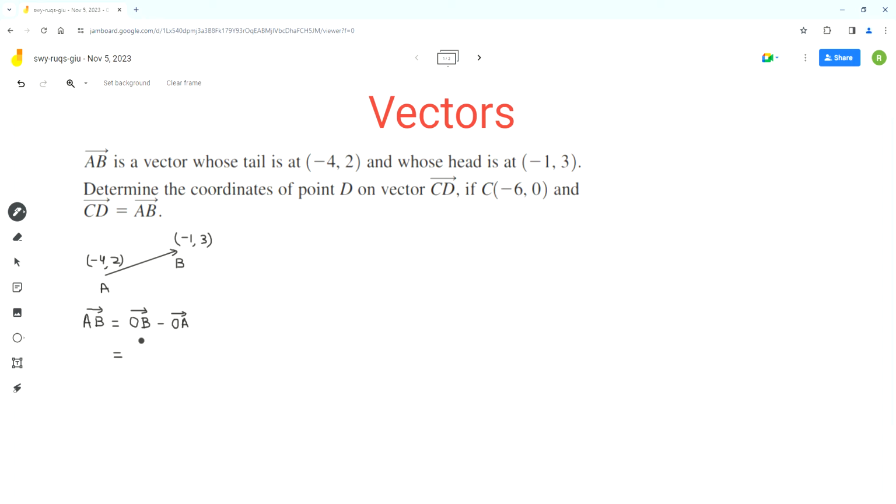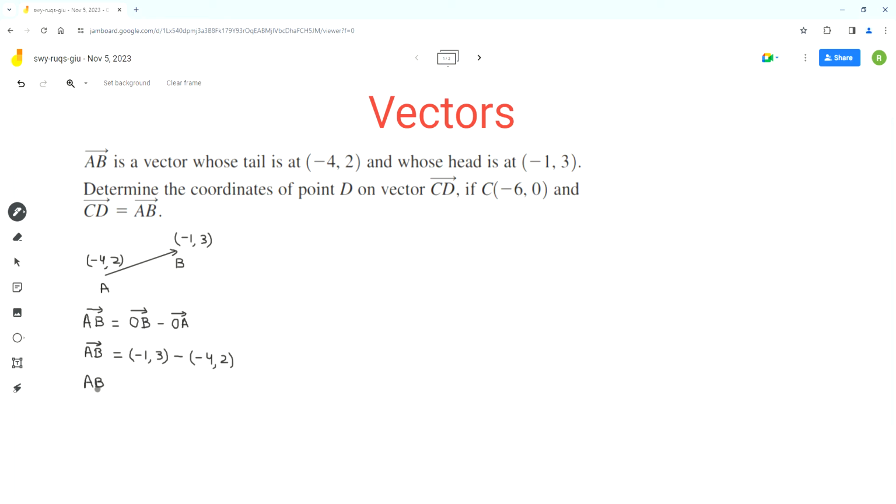So for OB, the value is (-1, 3) minus, and for position vector OA, it is (-4, 2). These are the two position vectors, and we have to subtract them to find vector AB.